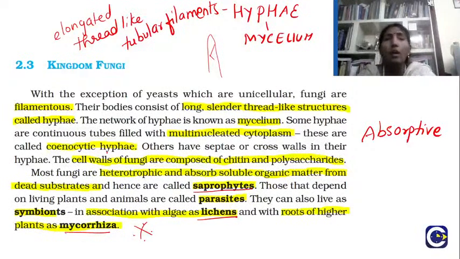Or they can be symbionts, an association with something: with algae, lichen; or with roots of higher plants, mycorrhizae. But mostly fungi are aerobic, very rarely anaerobic. Remember that.